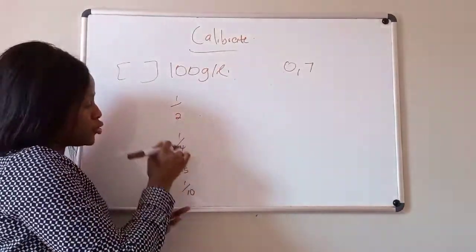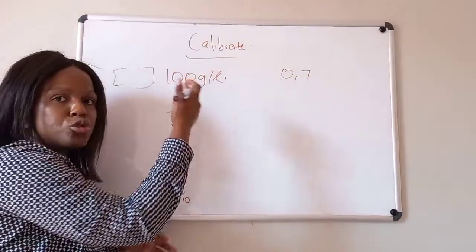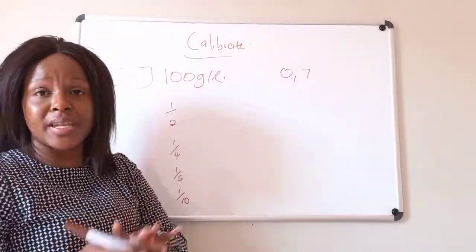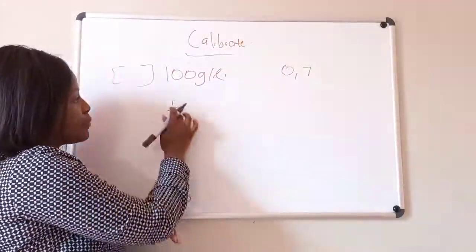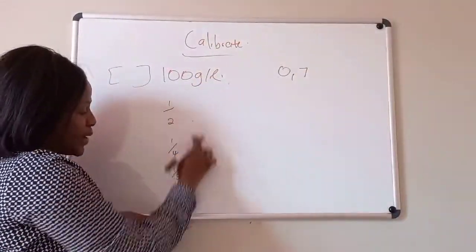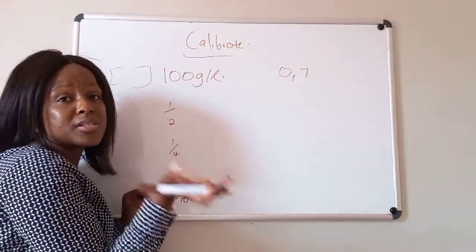So what you're going to do now is divide this value, because if you do a 1 in 2, it means you're decreasing the concentration of the standard 2 times. So it means you can divide by 2. Automatically, by the dilutions that you make, you know how much the concentration is supposed to be.